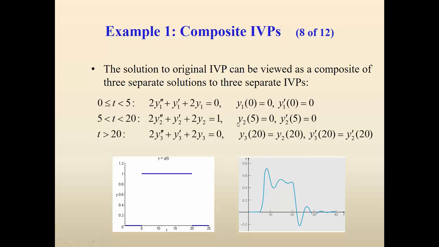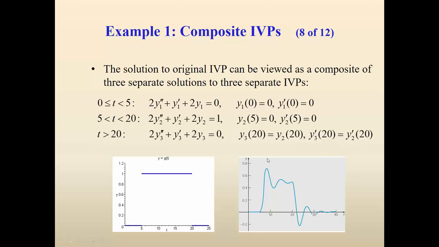Lastly, now solve along this domain from t beyond 20. Notice here I actually am using y2, because y2 is indeed non-zero because of this forcing term. So this initial condition for y3 is an ending condition for y2.